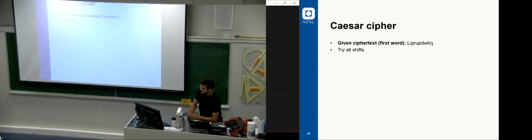Let's take the example of this. This is the ciphertext, and you have to change it into plain text right now. We are showing how people can actually break these things.